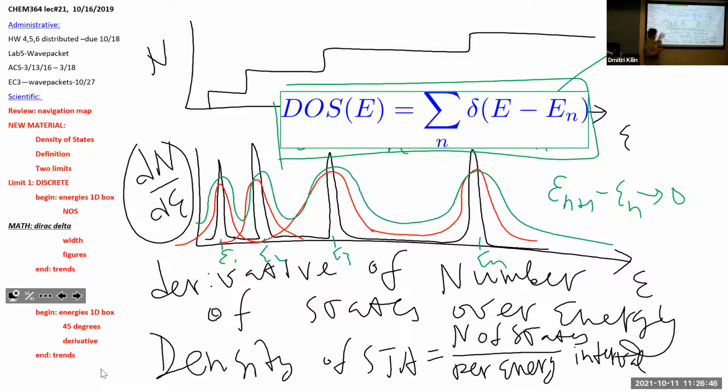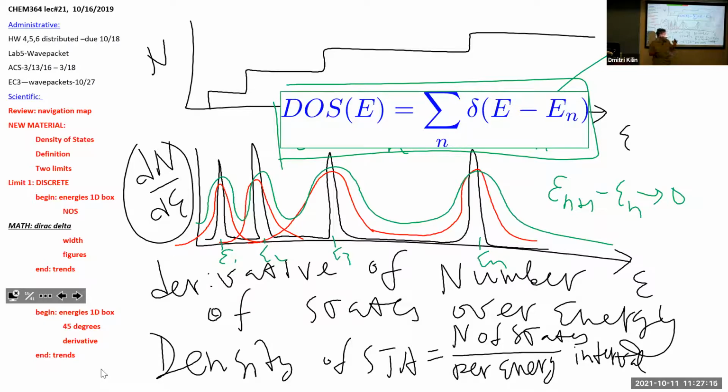Okay, thank you. When you likely take PCAM2, the next course will use density of states as number of states per volume or per energy range. But this definition is more appropriate for states which are predominantly dense.